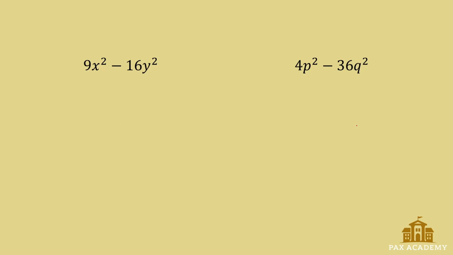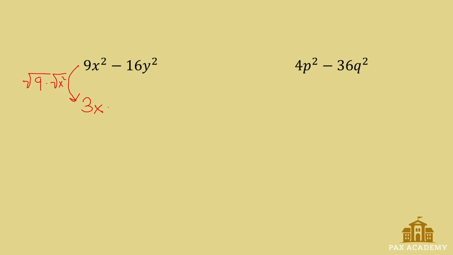Now let's do these two that are a bit more complicated. So the first expression reads 9x squared minus 16y squared. The square root of the first term is simply 3x. This is because we're doing the square root of 9 times the square root of x squared. The square root of 9 is 3, and the square root of x squared is x.